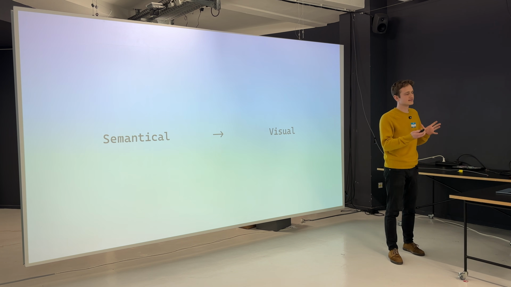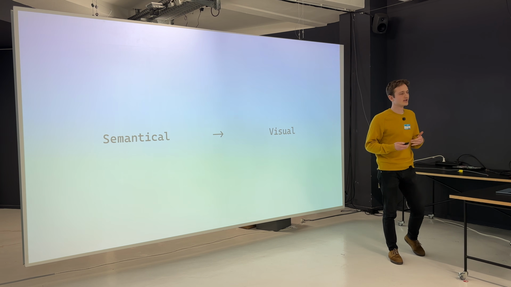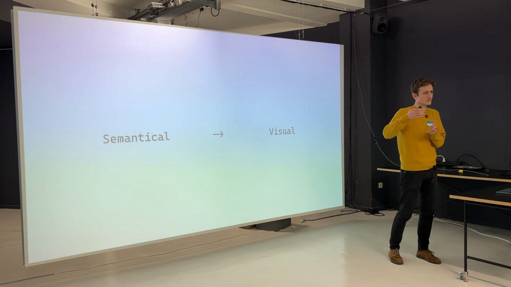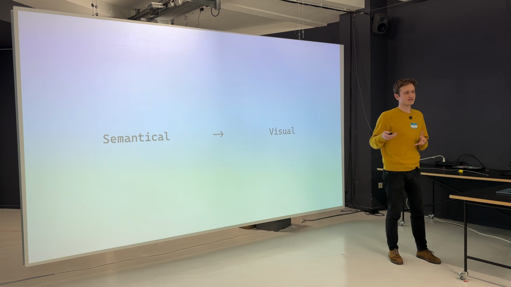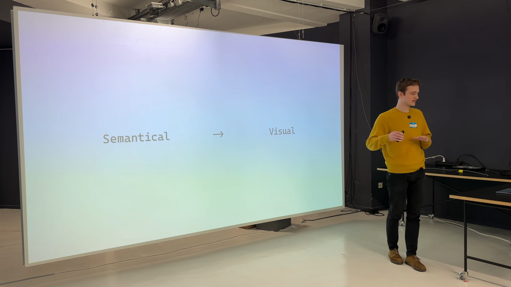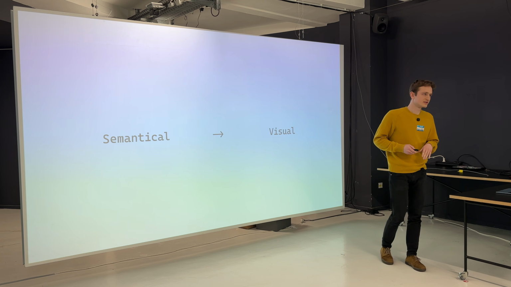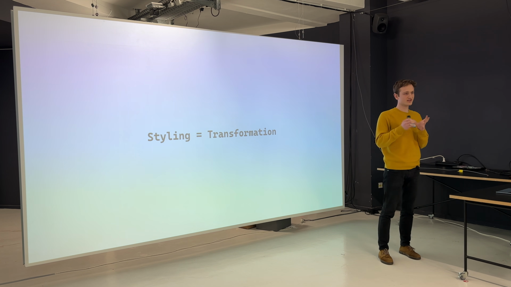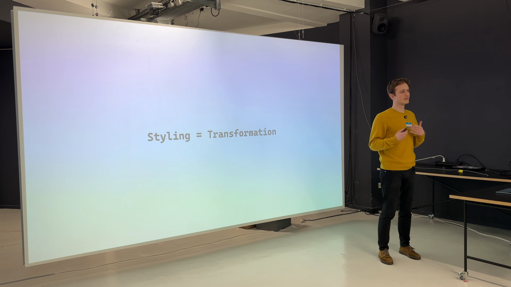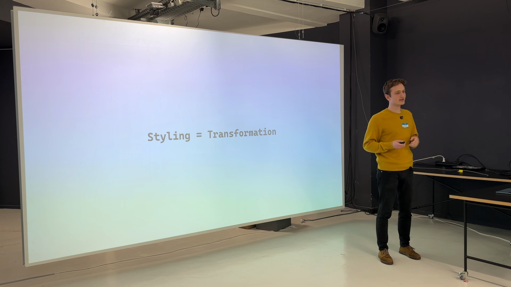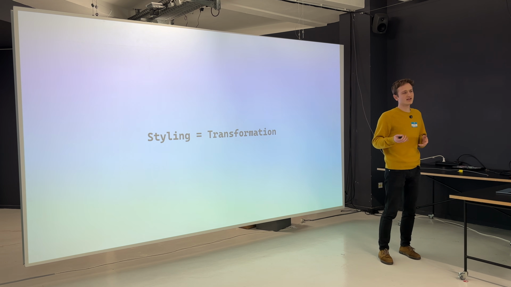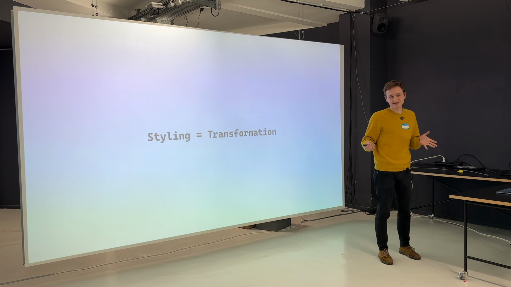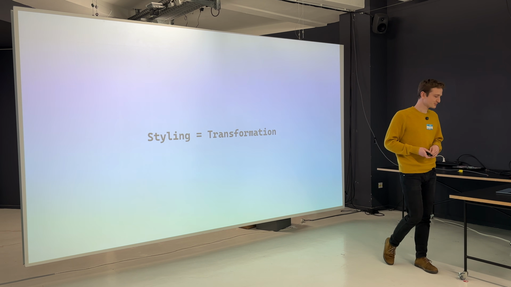We have these headings, we have figures, and so on, and we translate them to a font size, font weight, color, spacing, etc. So styling is transforming the document model from a semantical one to a more visual one. But it needn't even be the visual paged one. It could be HTML, plain text, or Pandoc AST for better integration.